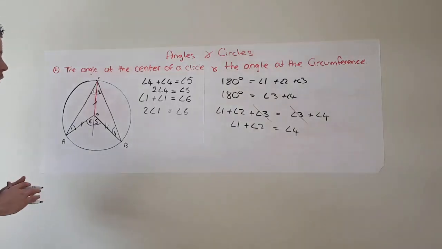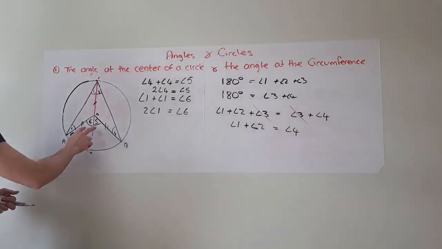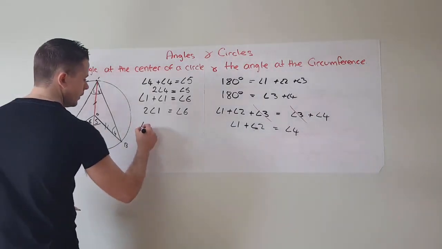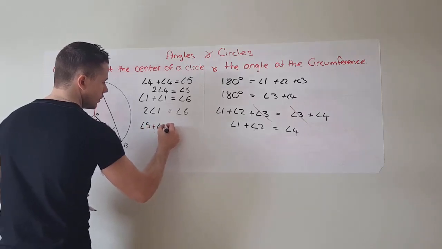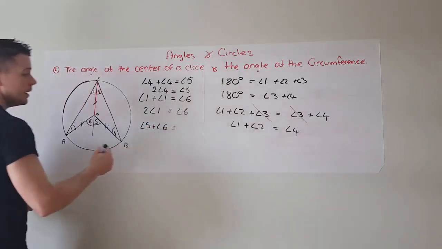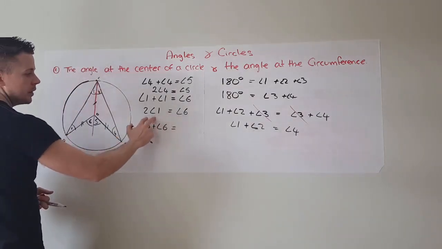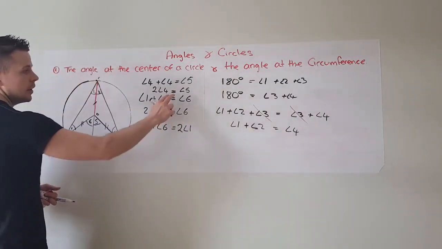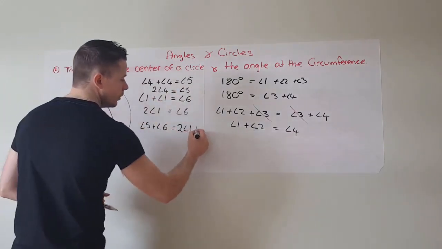Okay, so hopefully you have managed to see that if we were to add these two angles together, so angle 5 and 6, so the angle 5 plus the angle 6, well, that is equal to, well, what is the angle 6? It is twice the angle 1. If we look at the angle 5, it is twice the angle 4.